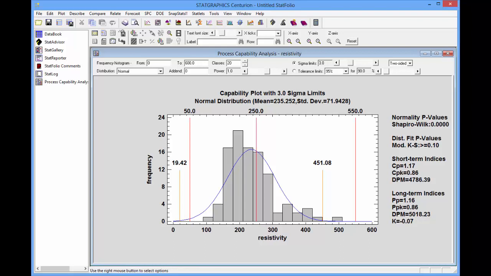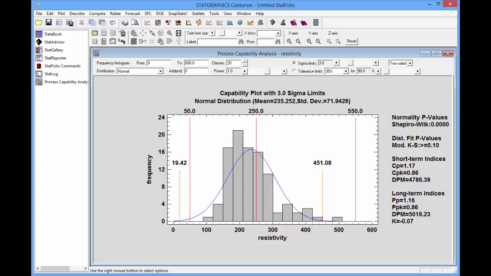The capability indices we've calculated only make sense if in fact the normal distribution is appropriate for our data. It's very important whenever we do a capability analysis that we check the assumption of normality. That's why there are two additional statistics in the right margin of the graph.